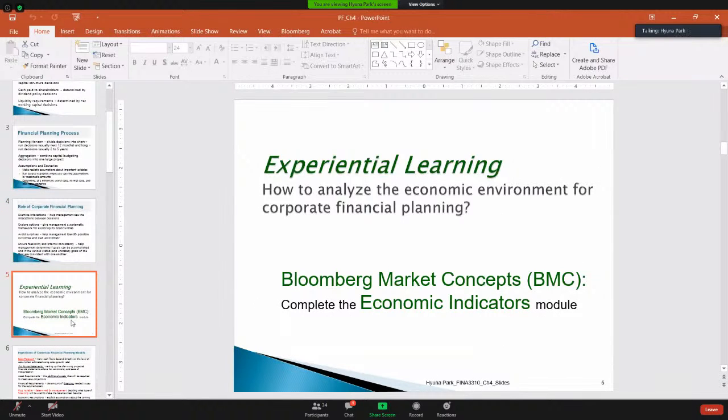As I emphasized before, there are outside factors. When companies make decisions and plans, those decisions are affected by the outside environment, especially the macroeconomic environment.